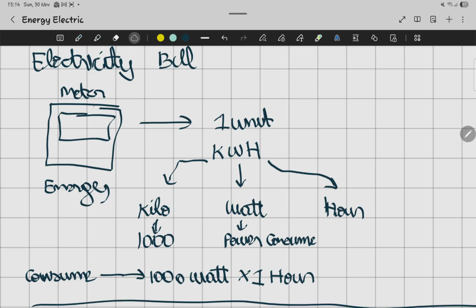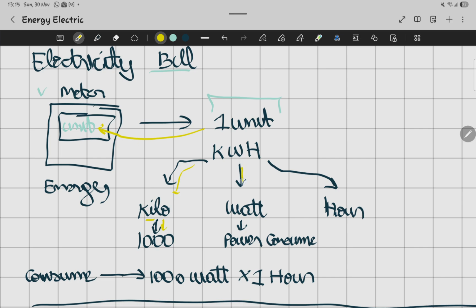Just to emphasize what we saw, let's say electricity bill and then electricity unit. As we said, 1 unit equals 1 kilowatt hour, which will be displayed on the LCD that you see here. And the kilowatt hour, in simple terms: K is for kilo, which is equal to 1000.